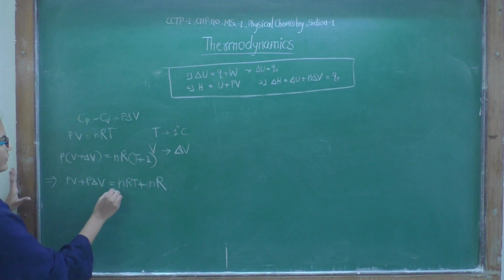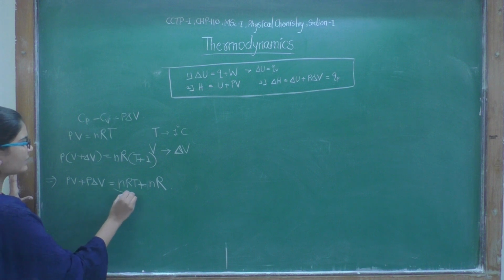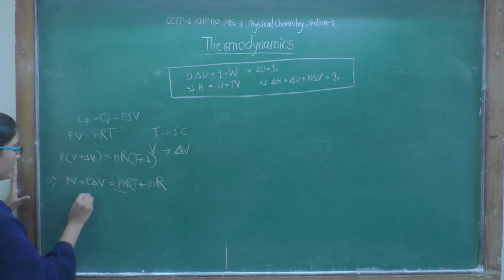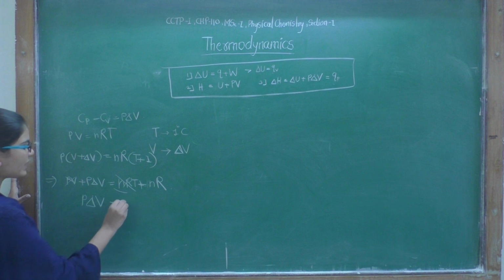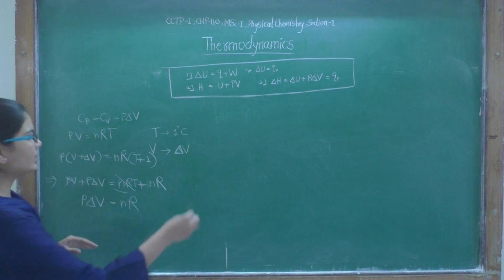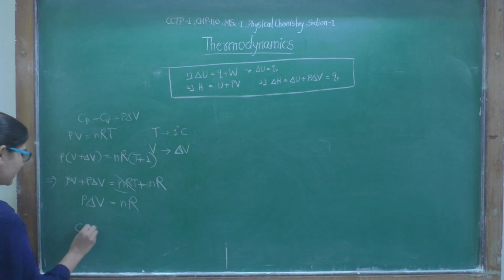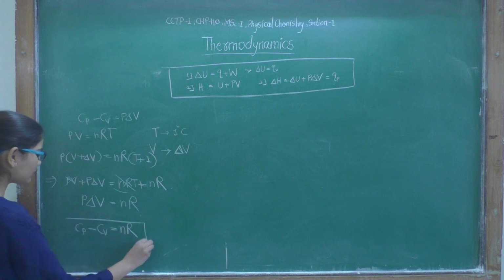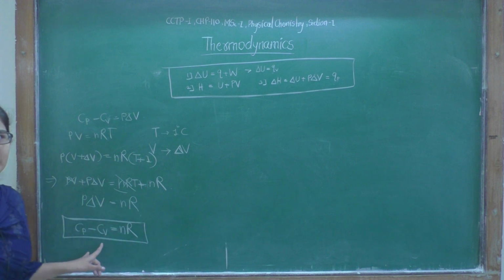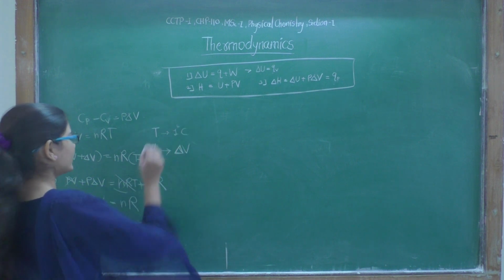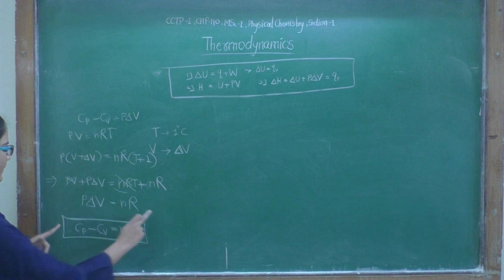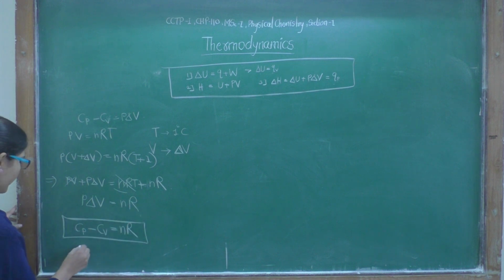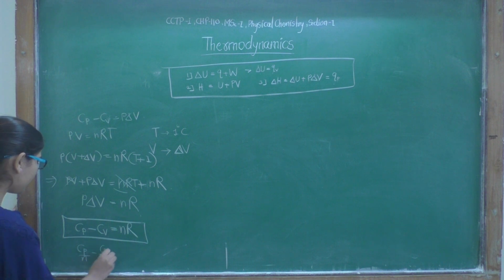Since PV is equal to nRT, it will cancel. Therefore, P delta V will equal nR, and so Cp minus Cv will equal nR. This is important. Now, if we divide the whole equation by n, what will we get?